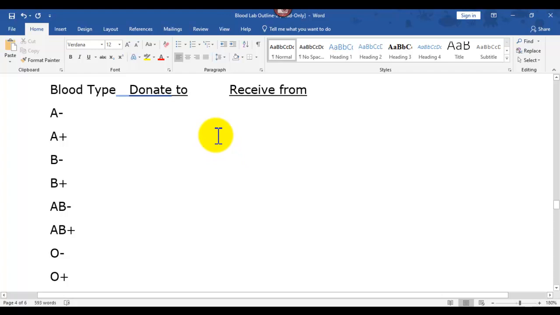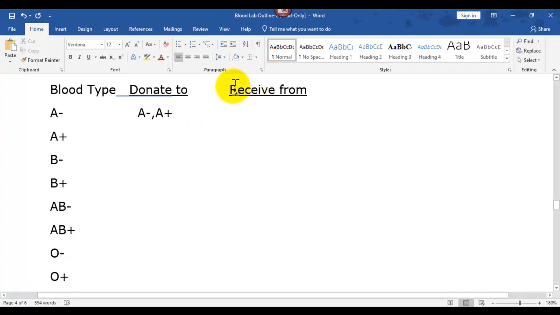If you're A negative, who can you donate to? You can donate to A negative, A positive, because you're negative, remember?